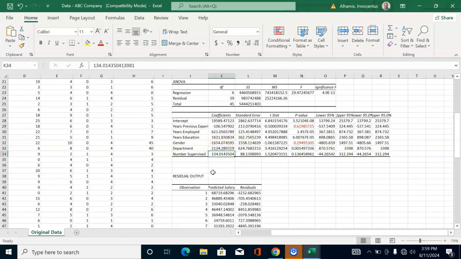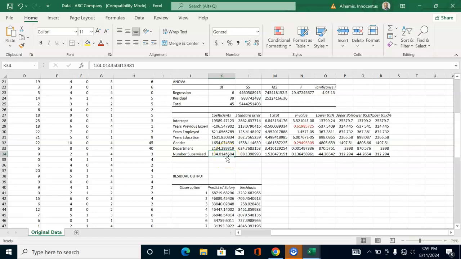Now let's look at the number supervised. And now you can see that if you have an additional person to supervise, it will add to your salary by 1,034.01. Now we will try to find out if this amount is significant. We don't compare the coefficients. All we look for is the significance of the value. So is this amount significant?